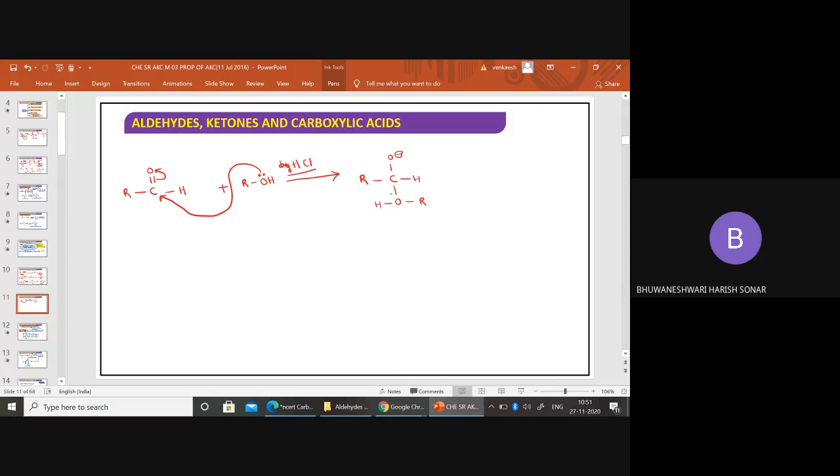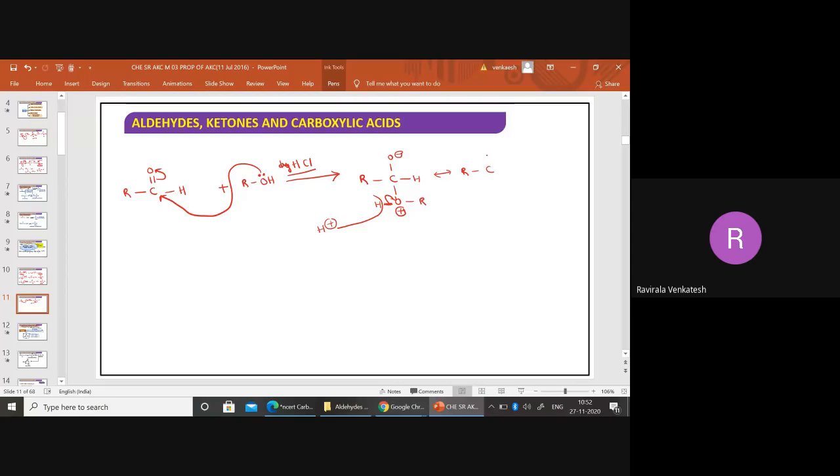Positive. Very good. Positive charge we are going to get here. Now having positive charge on a more electronegative atom is highly unstable. So what happens here? The bonding electrons are taken by the oxygen. Now hydrogen is removed as H plus here. Now because of this, what do we get here?